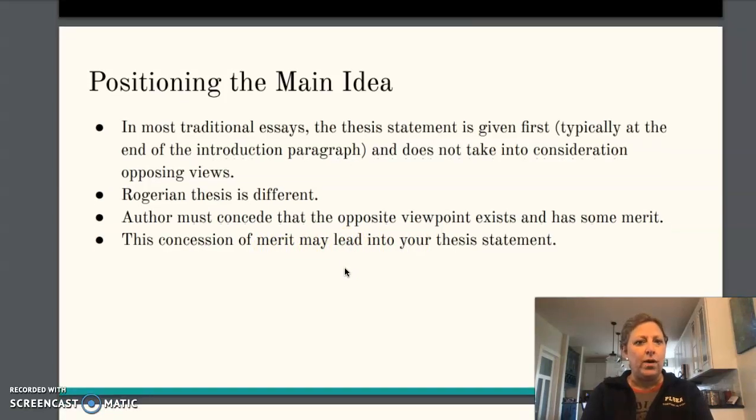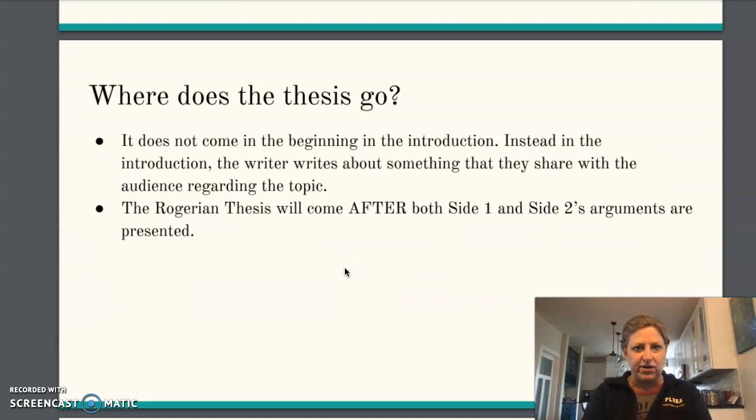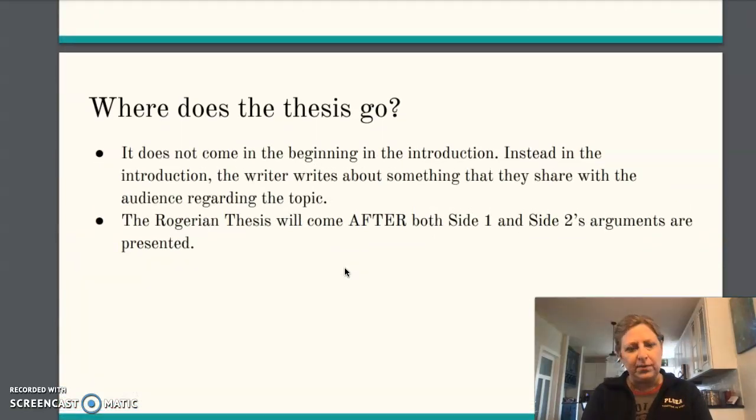And so where does the thesis go in a Rogerian argument? We're not super worried about that right now. I'm basically just asking you to write a working thesis statement so you can get a handle on where you want to go with it, as well as I can get a handle on where you might want to go with it so I can give you some feedback. The thesis statement does not come in the beginning in the introduction.